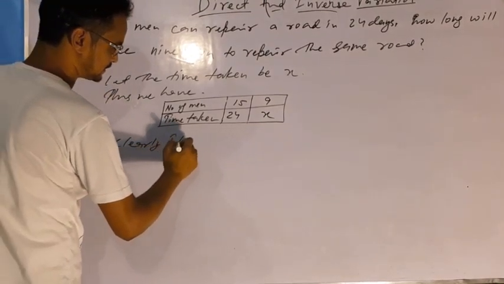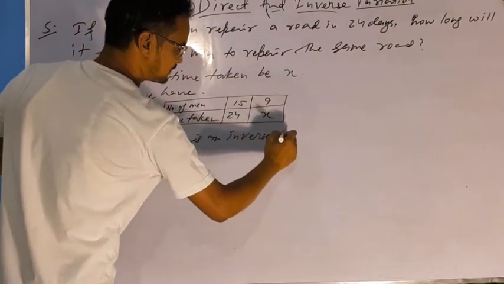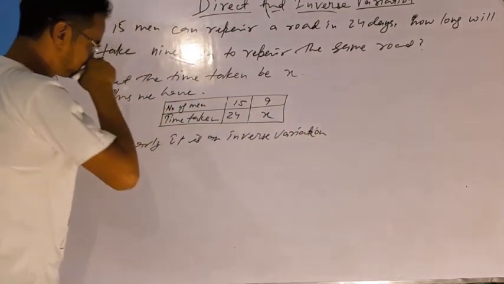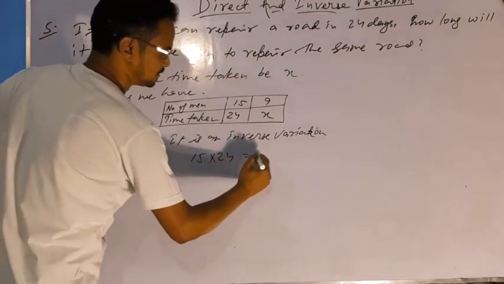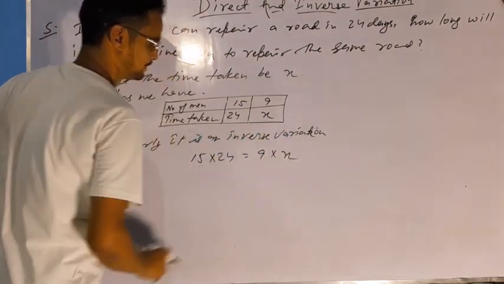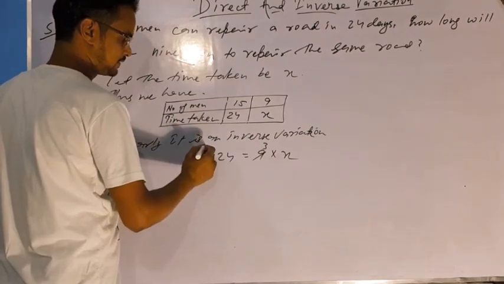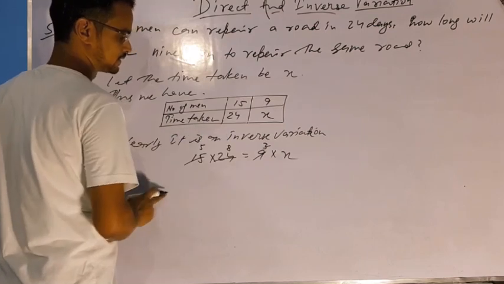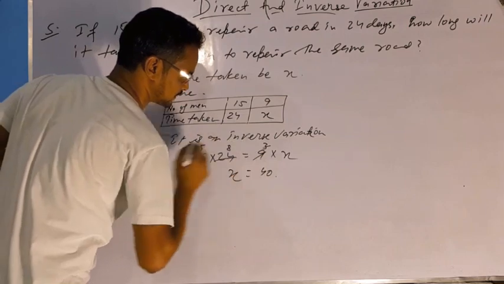Clearly, it is an inverse variation. Here we can write that the product is constant. Cancel it by 3: 3 threes are 9, 3 fives are 15. This 3 makes it 24. Then x is equal to 8 fives are 40.